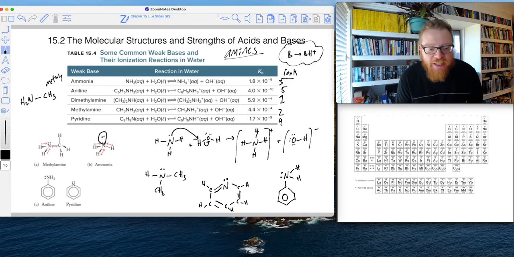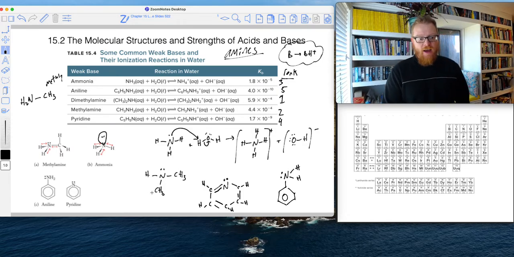And then similarly, with dimethylamine, we get rid of 1 more hydrogen, and now it's bonded to 2 carbons. So that means dimethylamine, because it has the most electron density surrounding the nitrogen, is more likely to attract a hydrogen to those lone pairs.